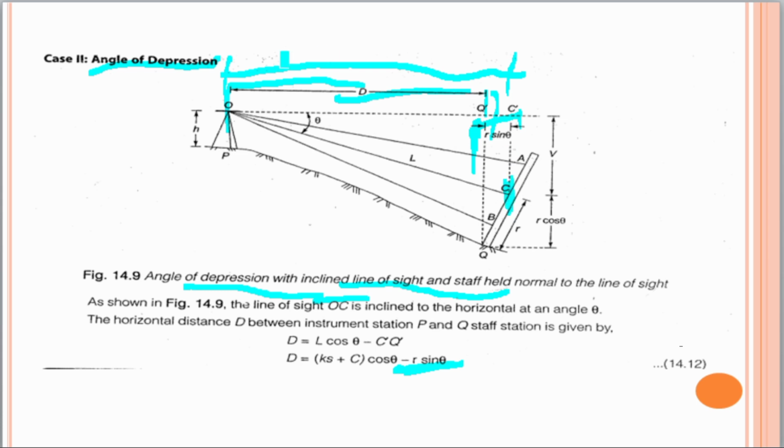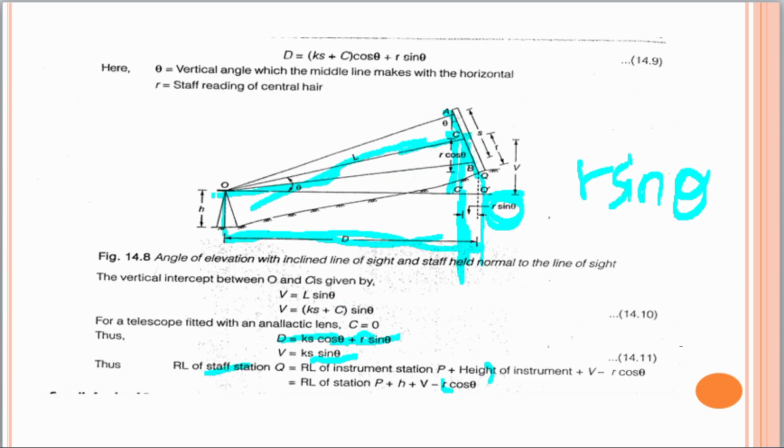So D is the distance to the center of the staff that was held. So that is the reason why we are subtracting the distance here. So our D is the distance moved to where the center of C is, and the same for where the angle of elevation was held.